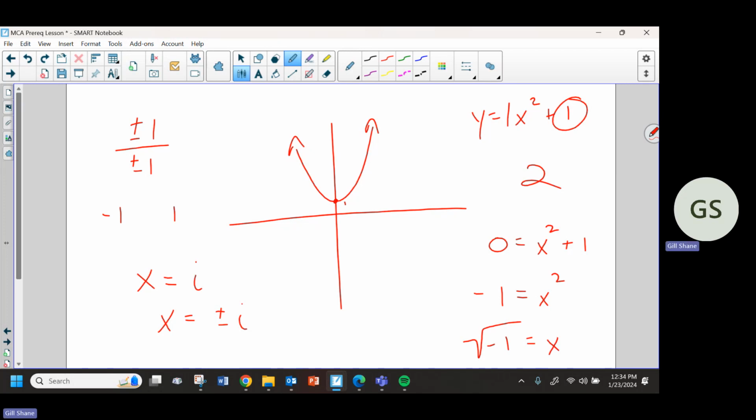Here's how you figure this out. You have to take all versions of these two, like all combinations. So I could have +1 over +1, +1 over -1, -1 over +1, and then, you get the point.